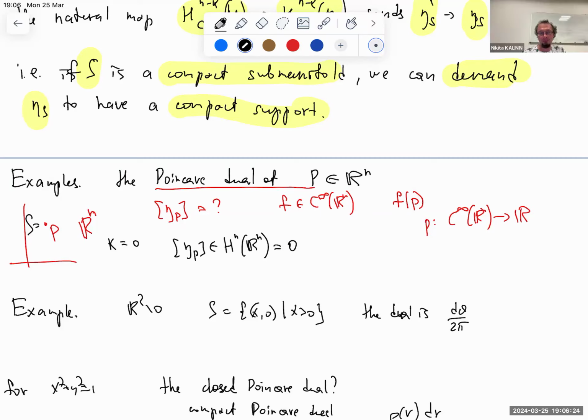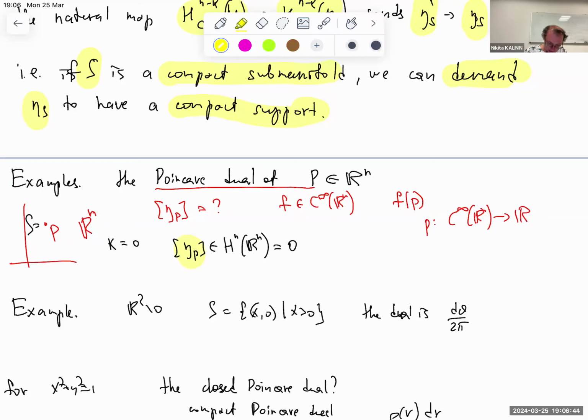So it means that the Poincare dual of a point in Rn is basically just any form. We just need to take any form eta p which satisfies this equality.